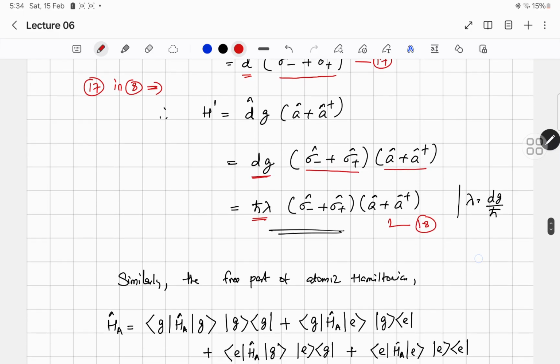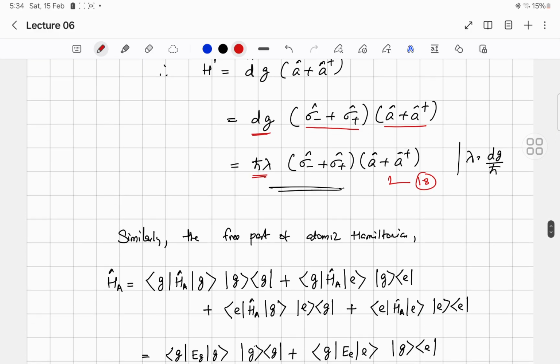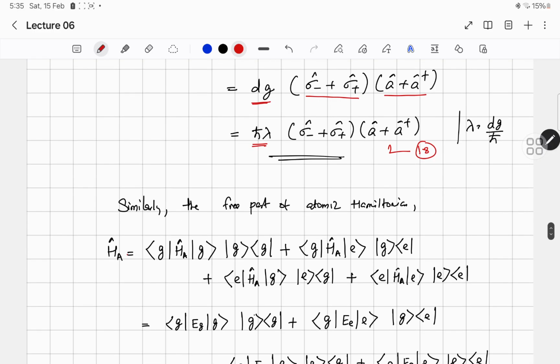Okay, so similarly we can write the free part of the Hamiltonian. If you look at HA, the atomic Hamiltonian, again I can represent it in terms of the matrix elements. Here it is only a two-dimensional basis, only two states are possible, E and G. So HA can be expanded as <G|HA|G> outer product |G><G|, <G|HA|E> outer product |G><E|, etc. So there will be 4 terms. Now here 2 of these terms would become 0. So which of these terms become 0?